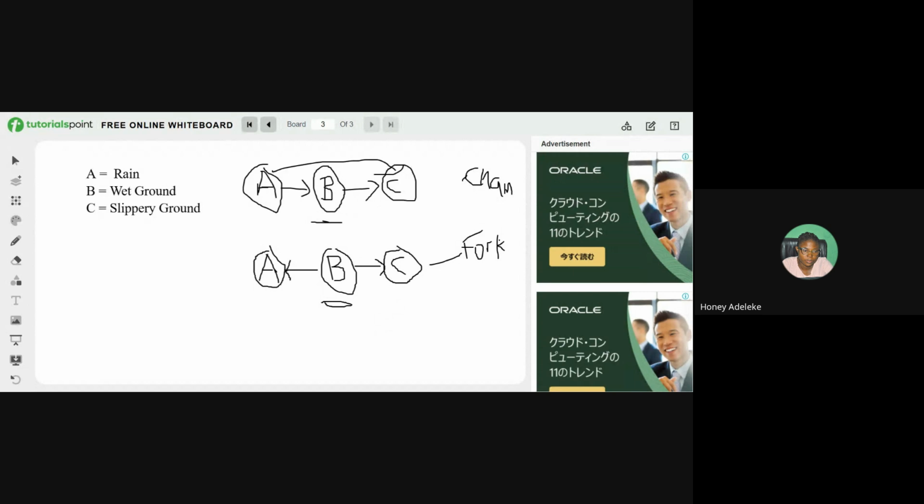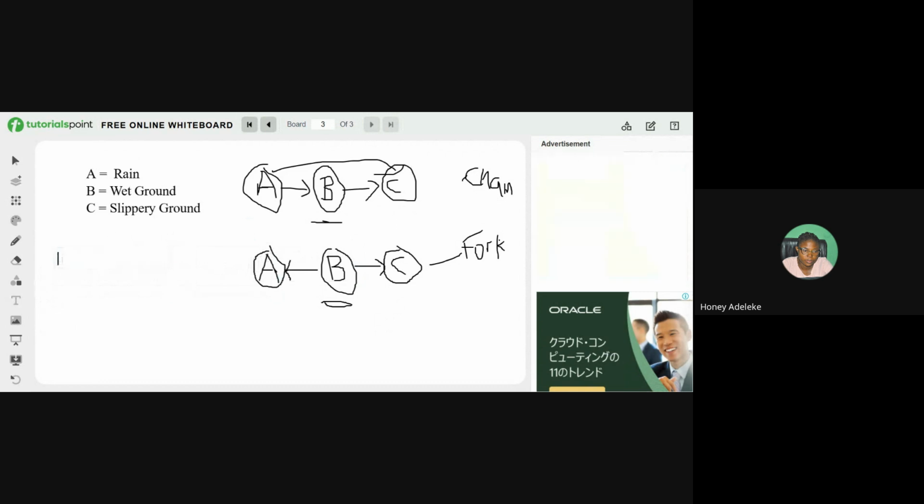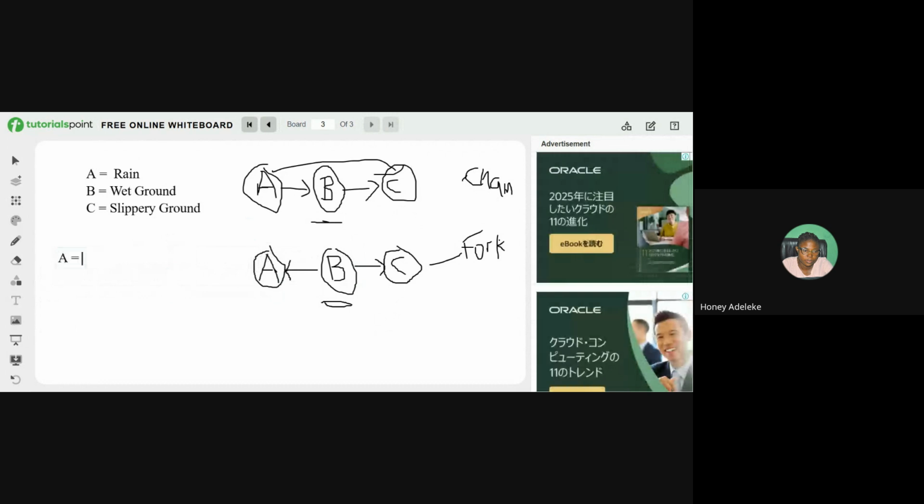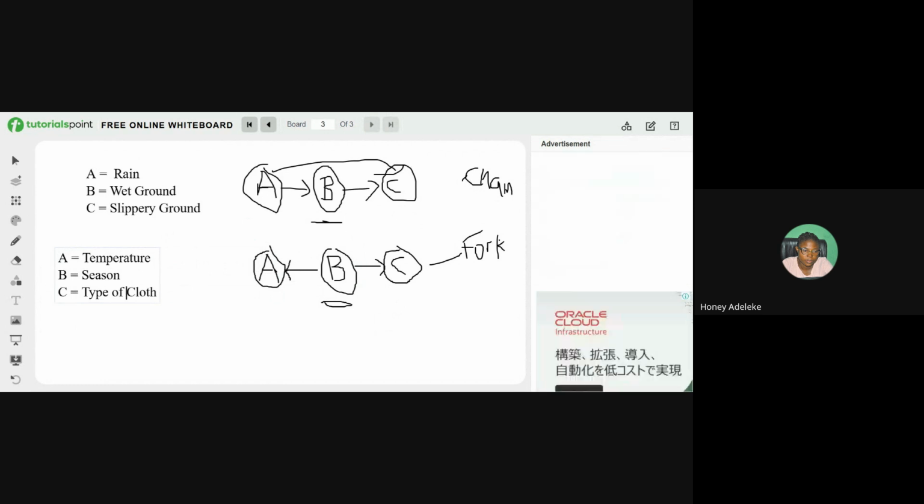I'm trying to think of an example. Okay, let's have our A as temperature, our B as season, and then our C as the type of clothing that you put on.